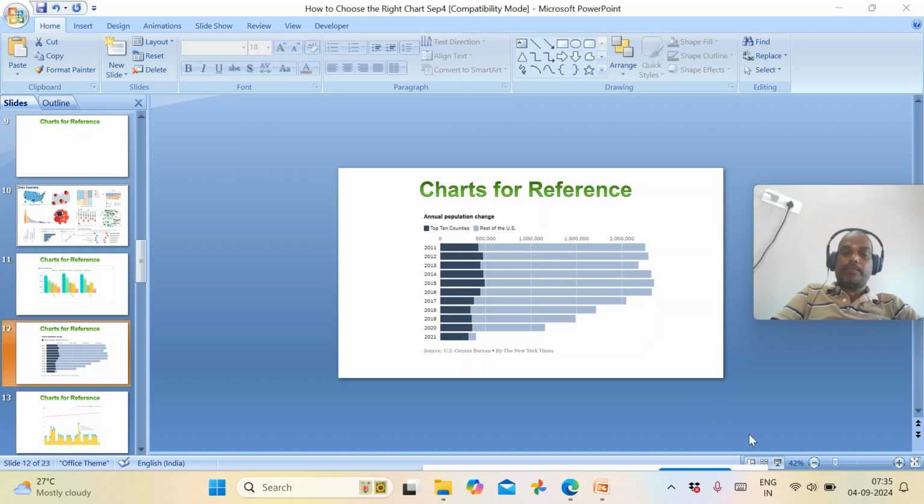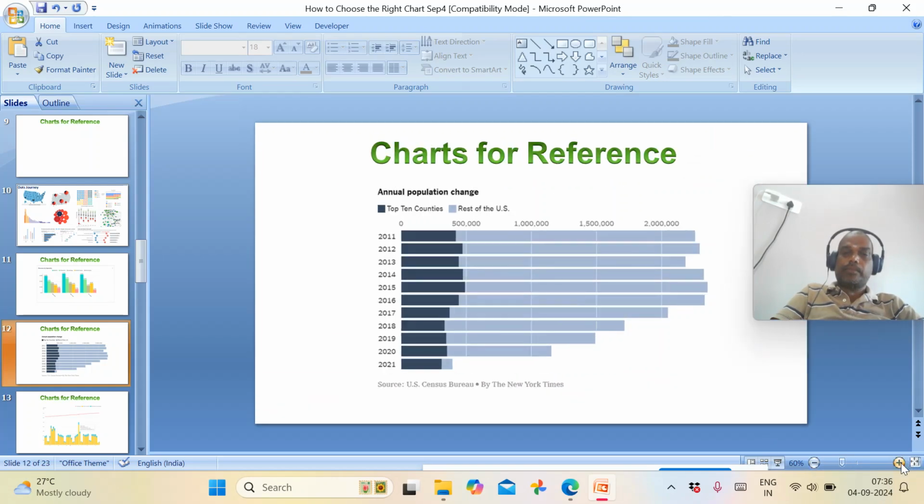And when you see this chart, this is again an interesting chart. What we are displaying here is the annual population changes. We want to track it. So how we are tracking is we are taking a country and we are taking the whole population and the rest of the world.